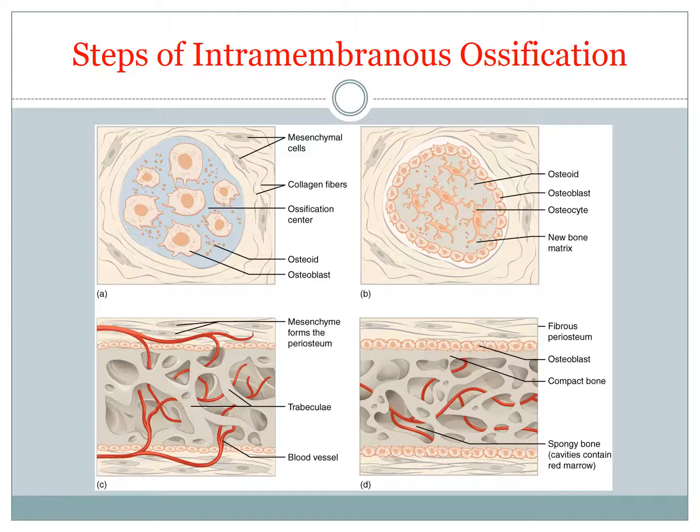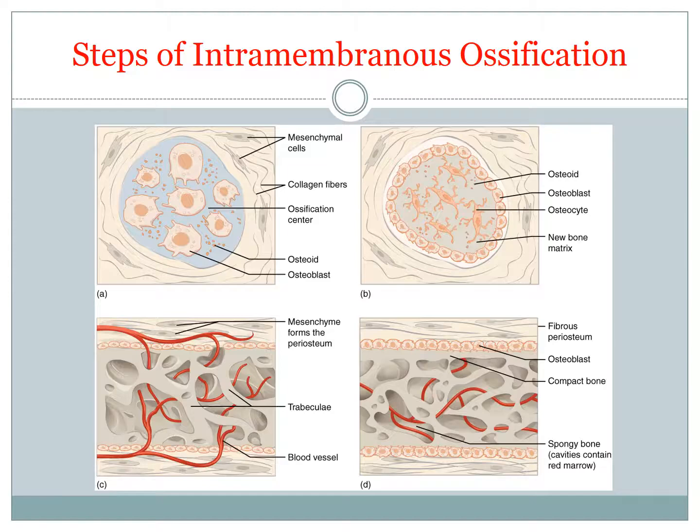It begins approximately 8 weeks after fertilization, and mesenchyme cells differentiate into osteoblasts within a fibrous connective tissue. This type of ossification normally occurs in the deeper layers of the dermis or in the connective tissues of tendons.